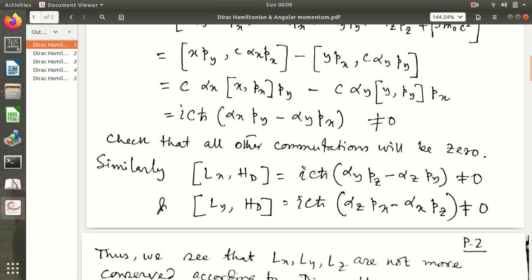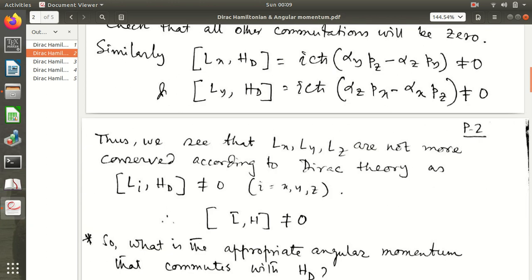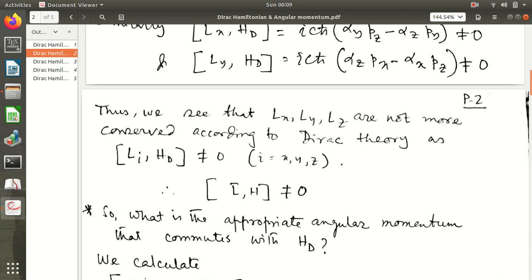Ly also will not commute with Hd, and this is the result. Thus you see that Lx, Ly, Lz do not commute with the Dirac Hamiltonian.